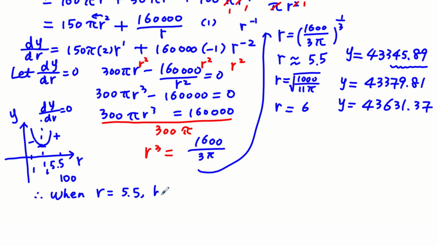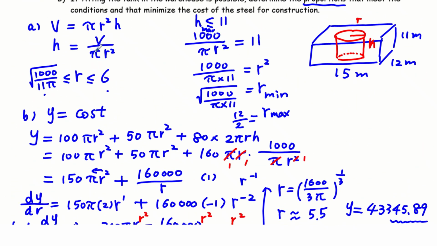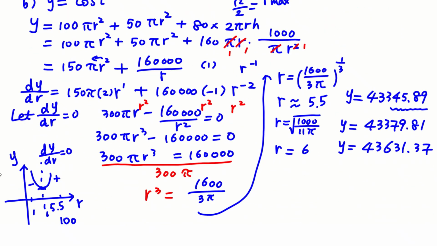So therefore, when r equals 5.5, then we solve for h. h equals 1000 divided by pi r squared.